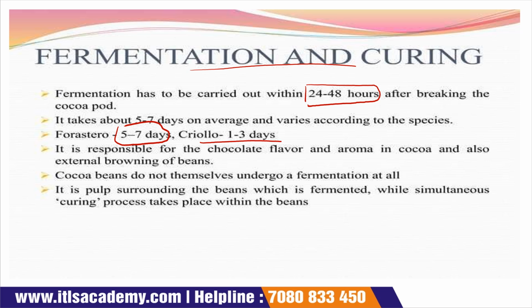It is responsible for the chocolate flavor and aroma in cocoa, and also external browning of beans. Why do we perform this fermentation? We perform it to ensure chocolate flavor and aroma in cocoa, and also for external browning of beans. The cocoa beans do not themselves undergo any fermentation. That's why we have to do this.